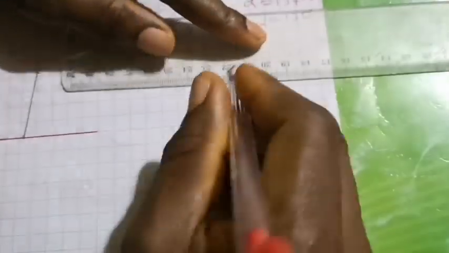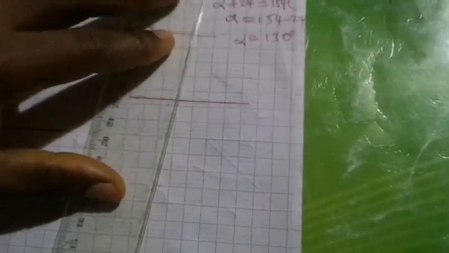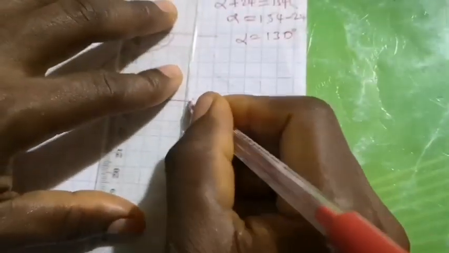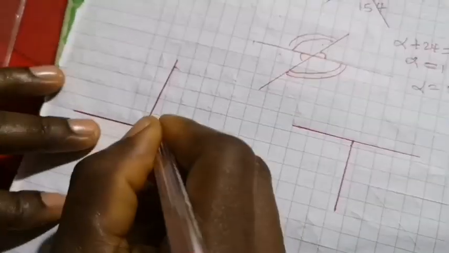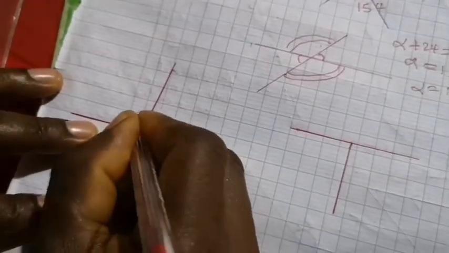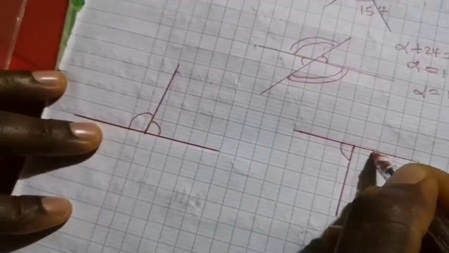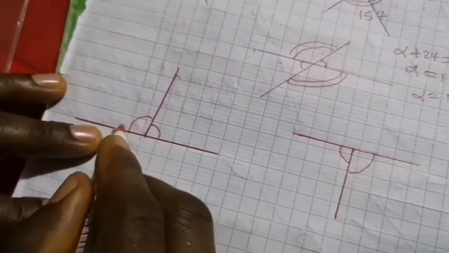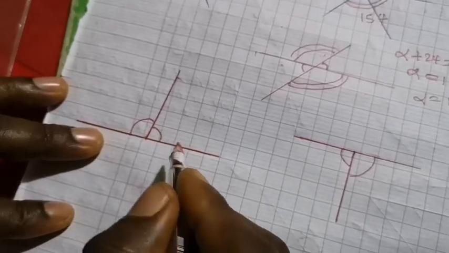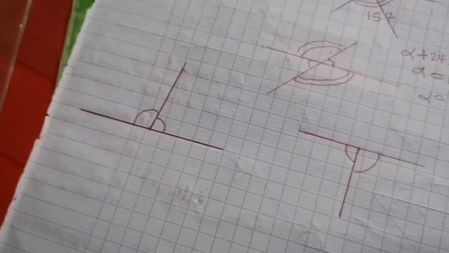If we have something like this, we call it adjacent angles. Any angle here is adjacent to any angle here, and the adjacent angles sum up to 180 degrees. Okay, so let's look at our diagram.